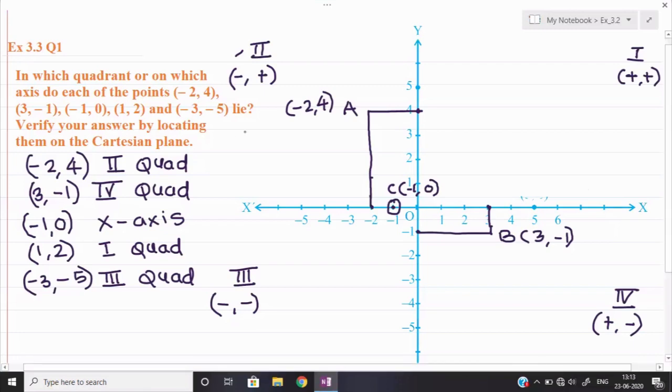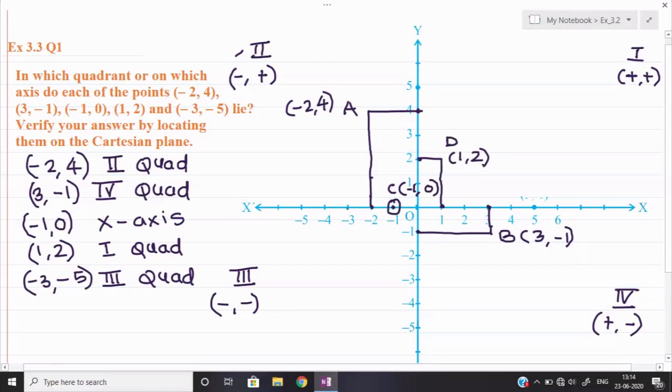Then 1 comma 2. See, where is 1 coming? 1 is coming onto the x-axis here, and 2 onto the y-axis is coming at this place. So from here we shall draw one horizontal line, and from here we shall draw one vertical line. This will be 1 comma 2, and this point I will call D. Okay, last one, minus 3 comma minus 5.